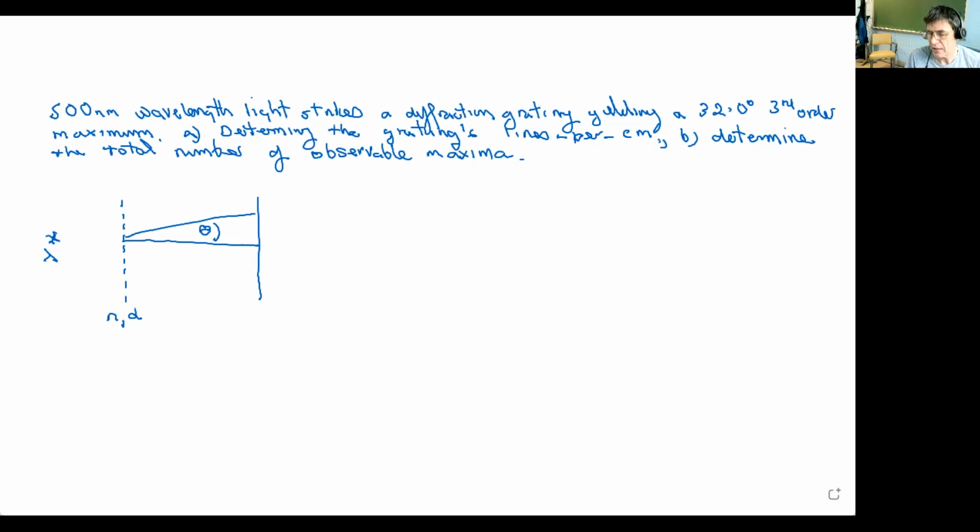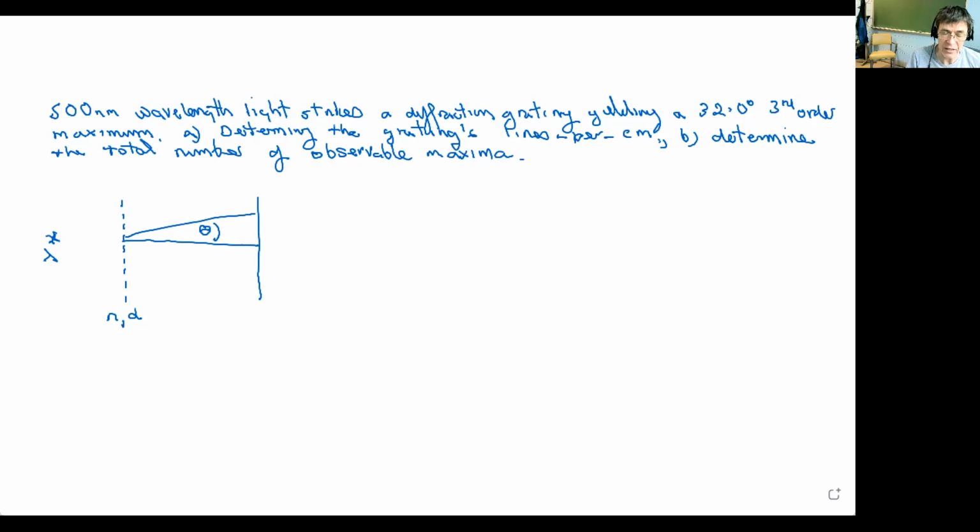Based on that information, we've got to figure out a couple of things about the diffraction grating and the diffraction pattern. The first thing is, what is the number of slits per centimeter for the diffraction grating? The separation between the slits for the diffraction grating.